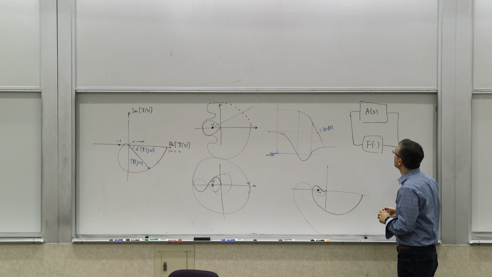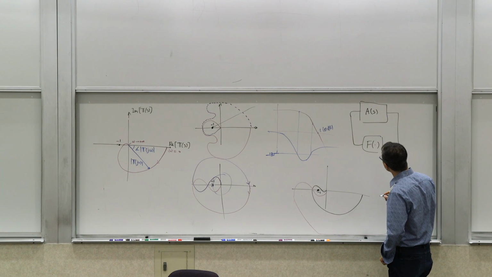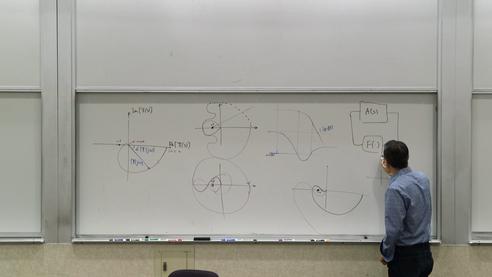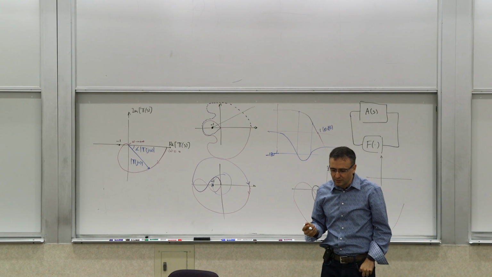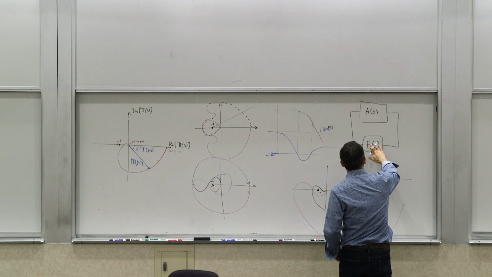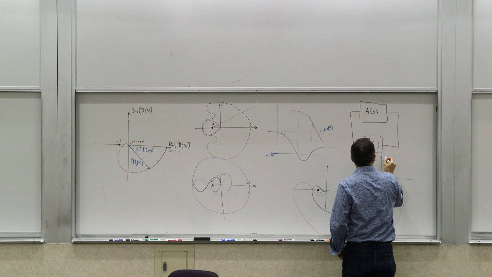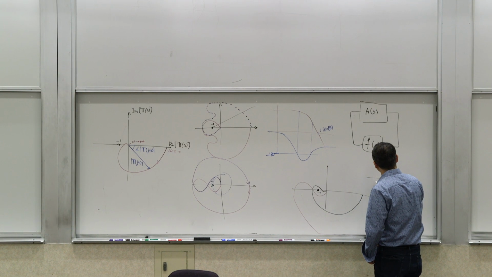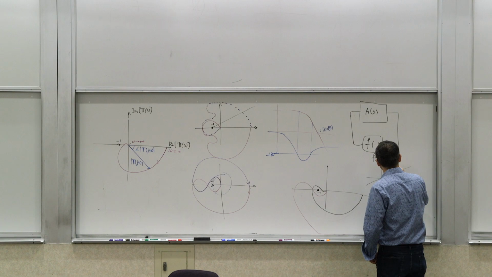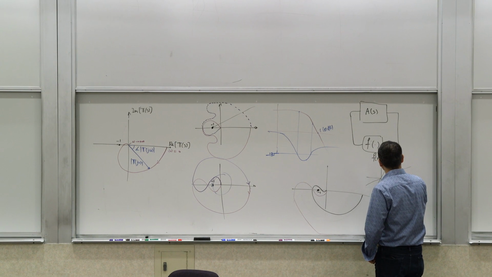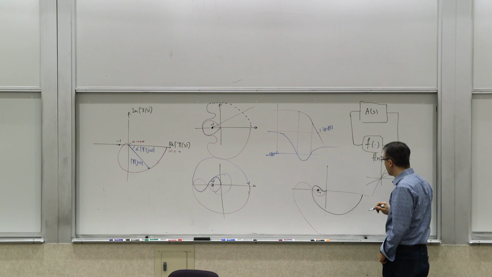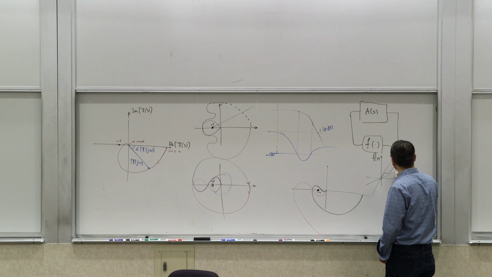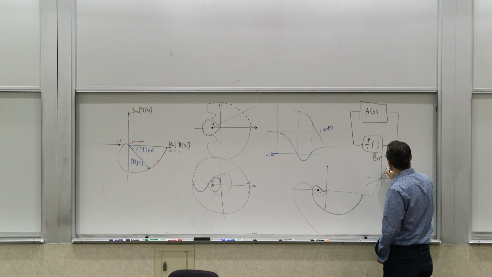And the question was at some point, what if I have this nonlinearity? So let's say this function f of x, let's just call it lowercase f of x versus x. What if we knew something about this function? What if we knew that it has some shape, but it's confined between, for example, k1 and k2?